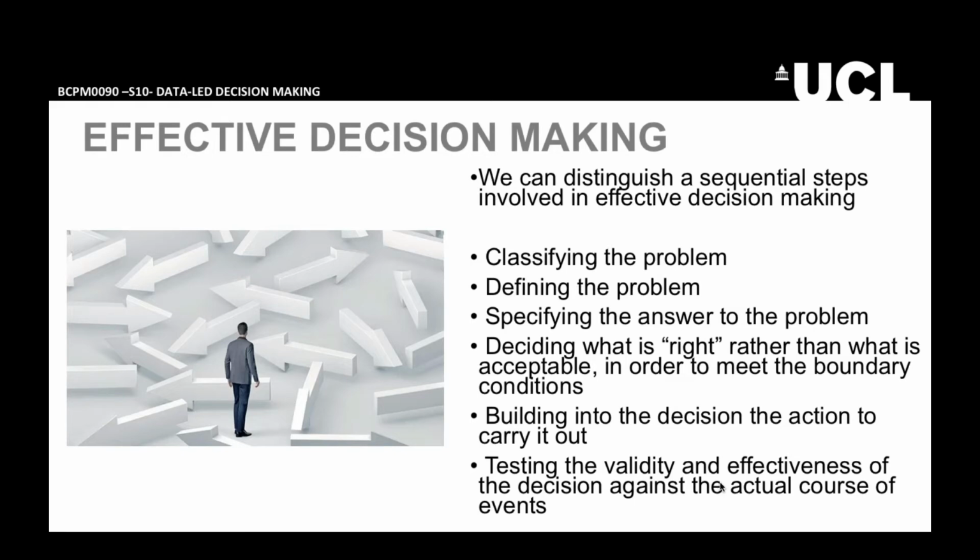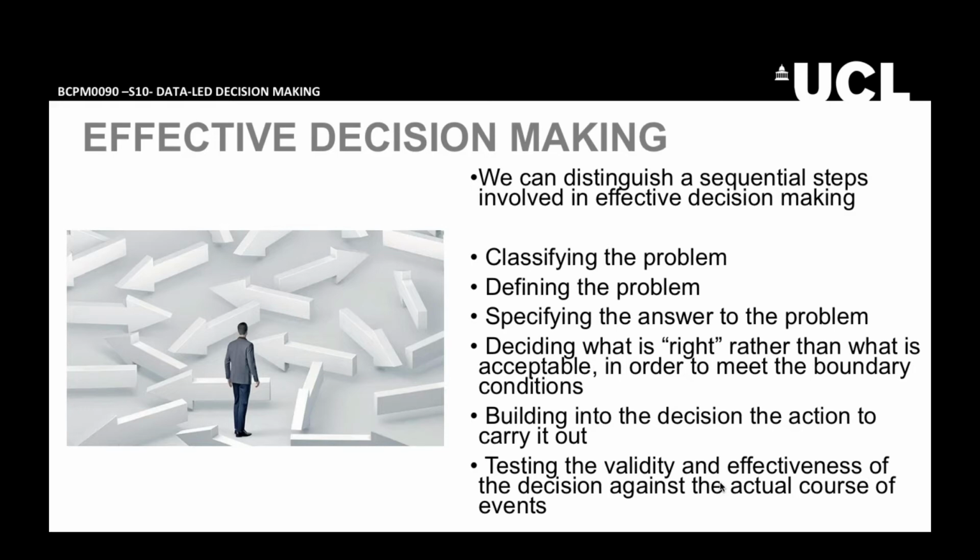So we need to understand the nature of the problem. The second step is to define the problem. What are we dealing with? And please don't underestimate these first two steps, because understanding the nature and clearly defining the problem will help us a lot when trying to find a solution.